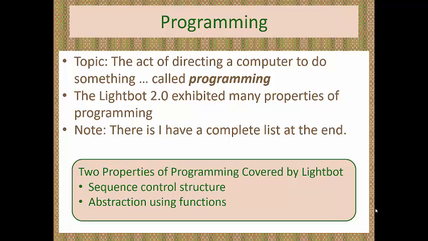So the easiest one to write is sequence, which means you do step 1, then you do step 2, and then what's next? Of course, step 3. You sequence through each instruction and execute them. Another thing you may recall that you did with LightBot is the function calls F1 and F2. And those functions are actually an application of abstraction.